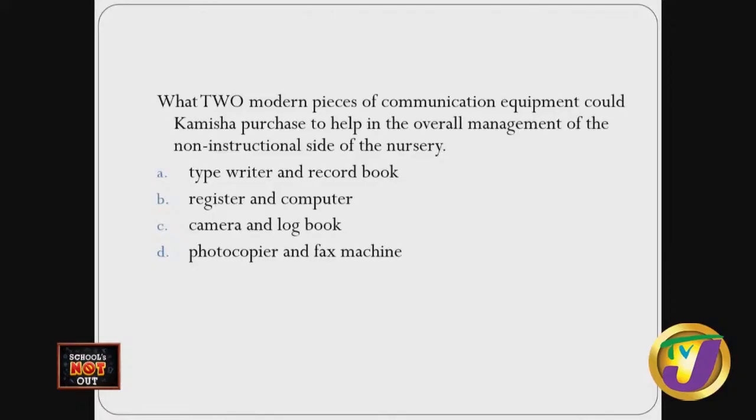Is it a register and computer? Is it a camera and logbook? Is it a photocopier and a fax machine? We're looking at modern pieces, overall management, non-instructional side. Bearing those 3 key sections of the question, our answer would be photocopier and fax machine.